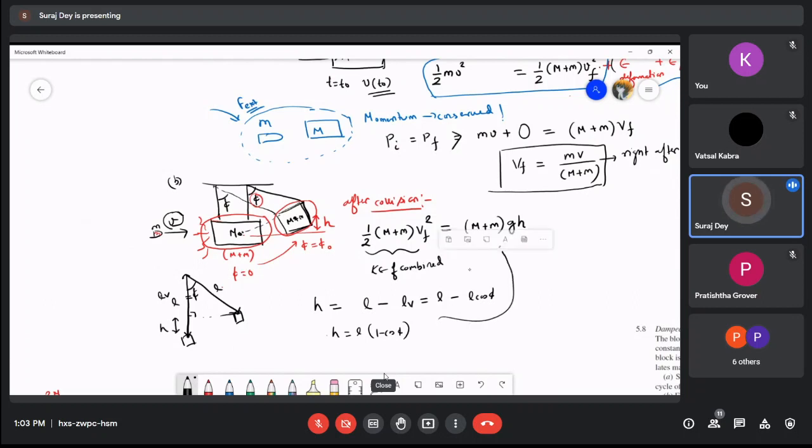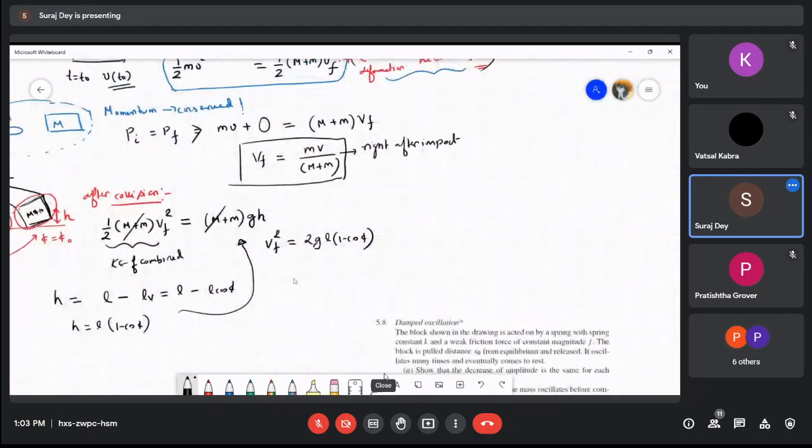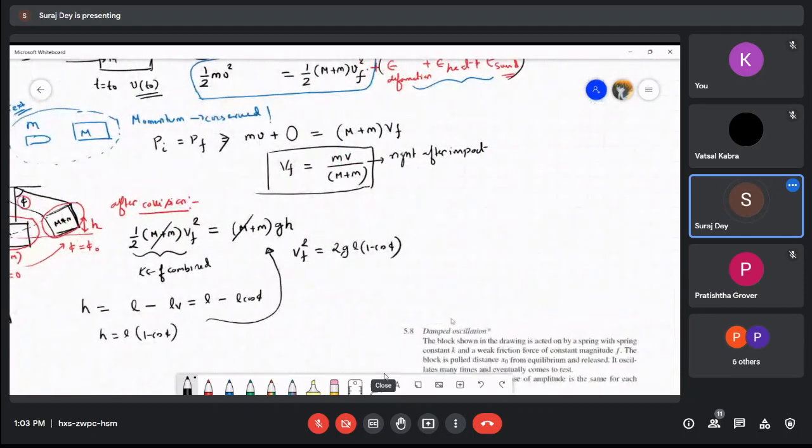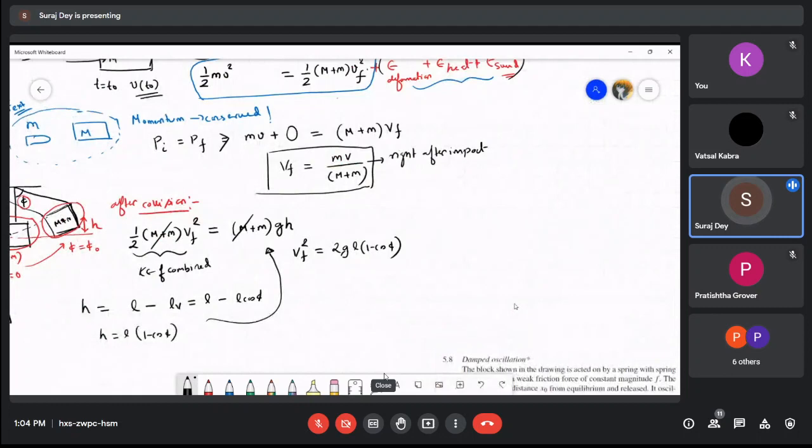So if you put this here, then you can find that Vf square, and I can cancel these things, is twice gL times 1 minus cos phi, and the purpose was to find this initial velocity, so that we can do from here only.